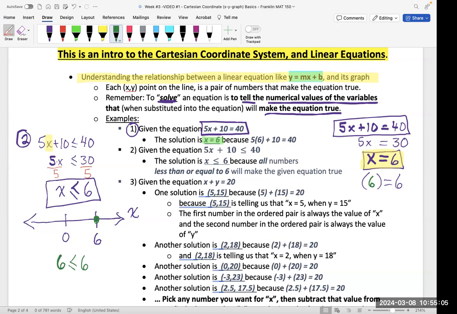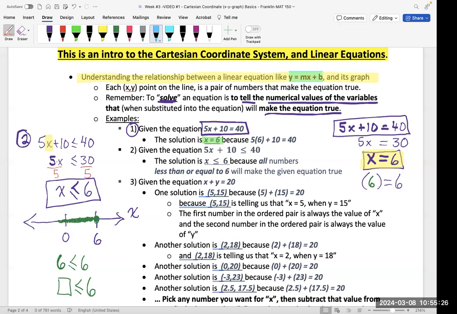I also know that every number less than 6, so I need to put a dot on every number that could go into that box and make the inequality true. Well, 5.5, 4, 4.2, 3, 1, 0, and all of the fractions and decimals in between.